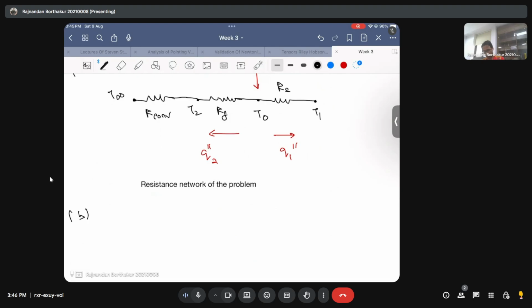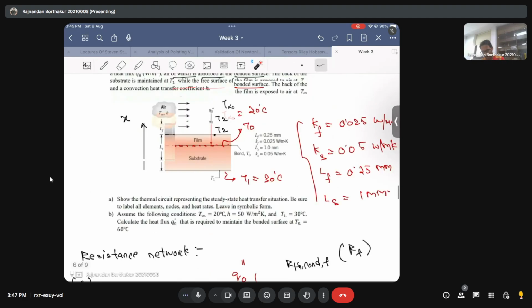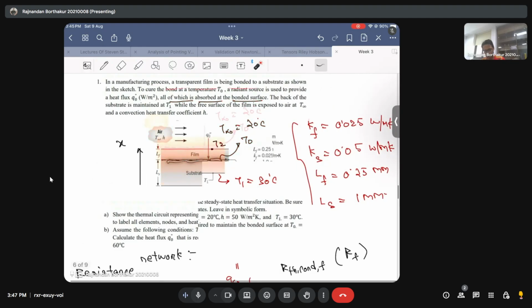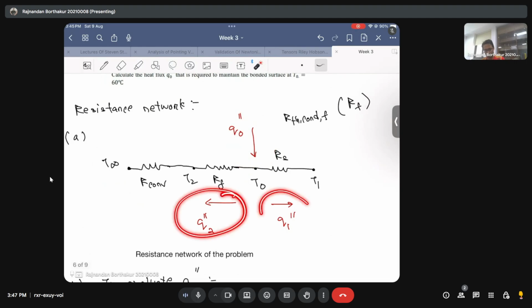So part B is to evaluate Q naught double prime. Okay, now how do we do that is what we will try to understand. So you can think of it like at the interface of the film and the substrate, whatever energy is coming in the form of the flux Q naught double prime is going to be dissipated into these two fluxes.